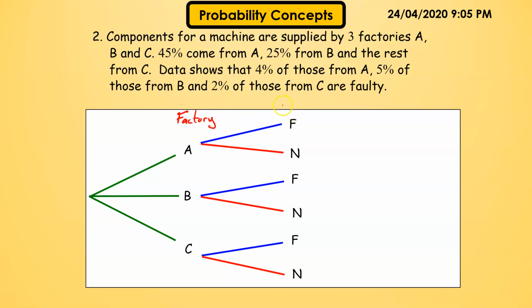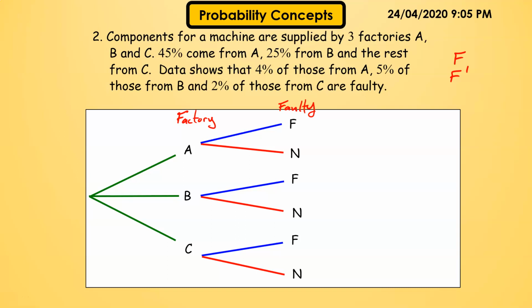Then second of all is whether it's faulty or not. Another option, rather than using N here for faulty and not faulty, is that you could say faulty and the complement of faulty, which is not faulty. It just makes it easier sometimes with the notation and not getting confused with different outcomes.